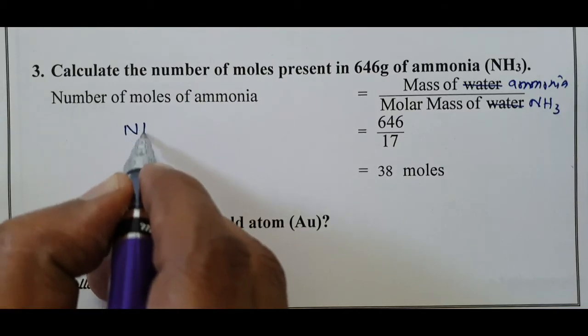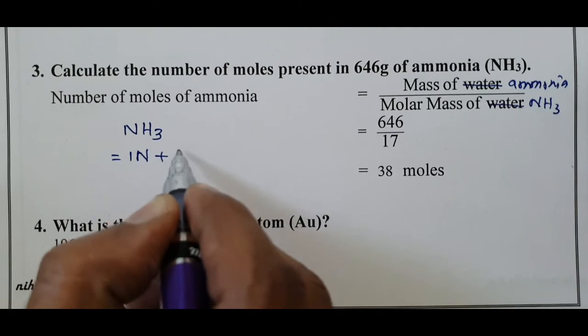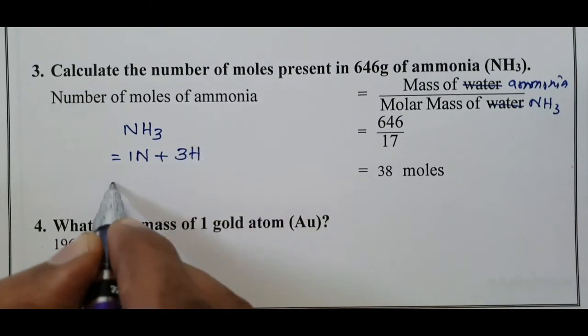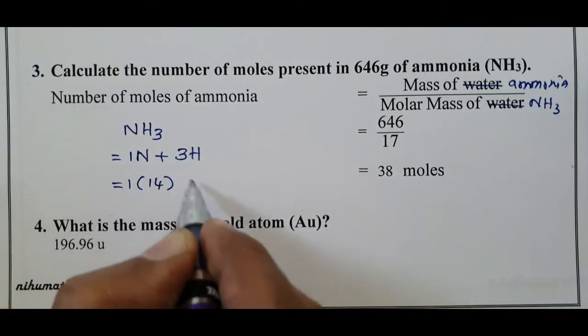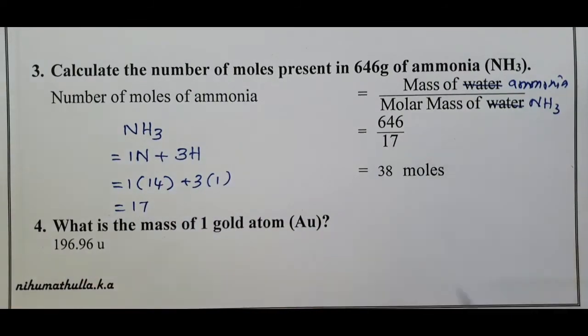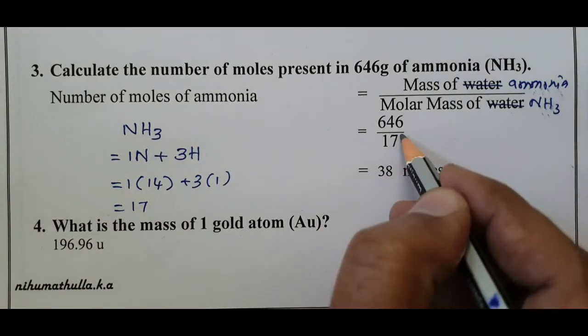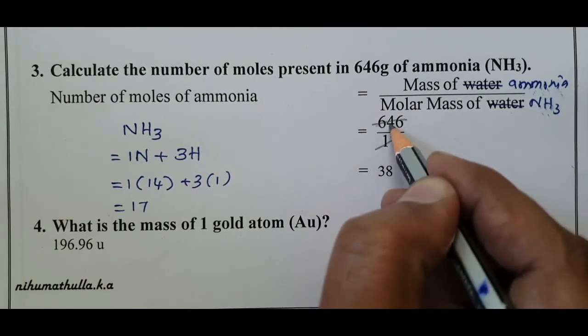Ammonia molecular formula NH3. It contains 1 nitrogen and 3 hydrogens. 1 into nitrogen atomic mass 14 plus 3 into hydrogen atomic mass 1, that is equal to 17. When we cancel, 17 into 6 is 102... 1 17 is 17 in 64.